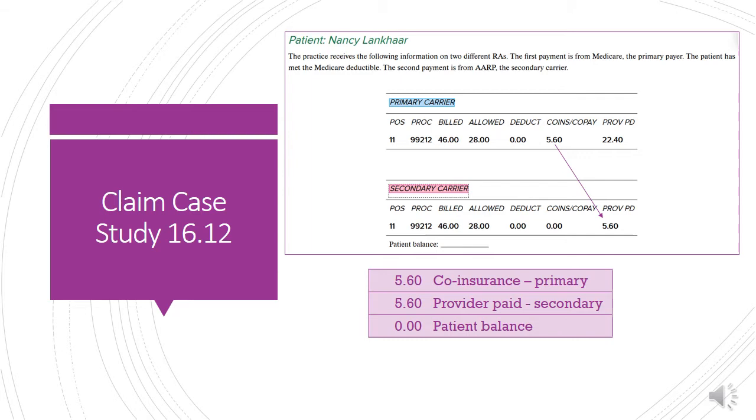Looking at the remittance advice for her primary carrier, which is Medicare, the patient has coinsurance of $5.60, and the provider was paid the remaining $22.40 of the allowed amount. We've learned that coinsurance due to a primary carrier can be submitted to the secondary carrier for possible payment. This is what has happened in this scenario. The provider was paid the $5.60. There was no deductible, no coinsurance, so the patient balance is zero after that secondary carrier.